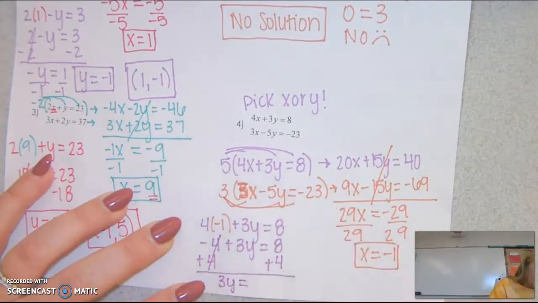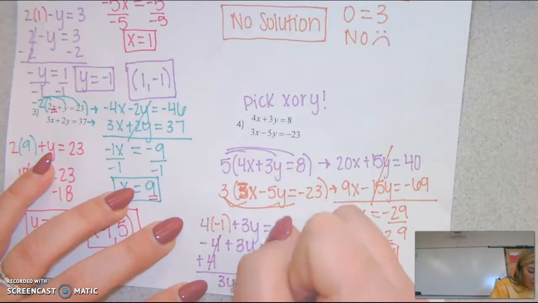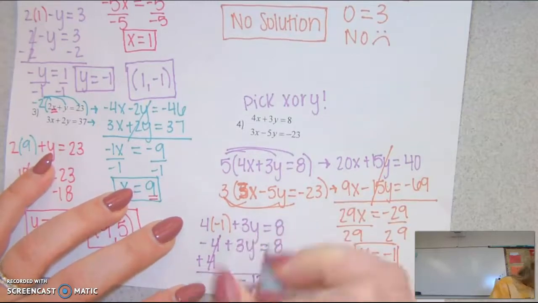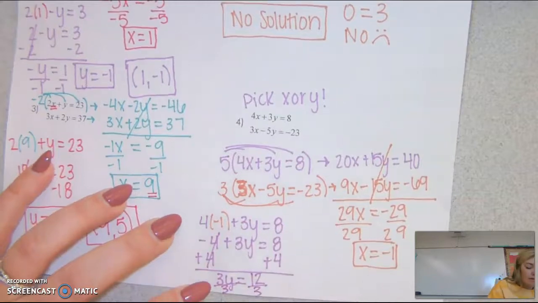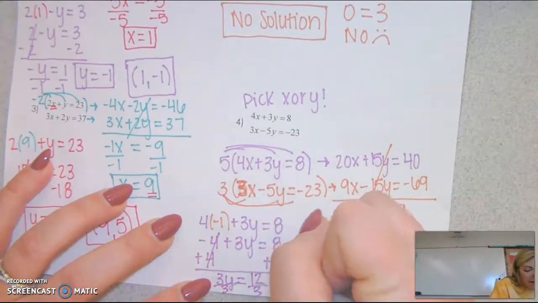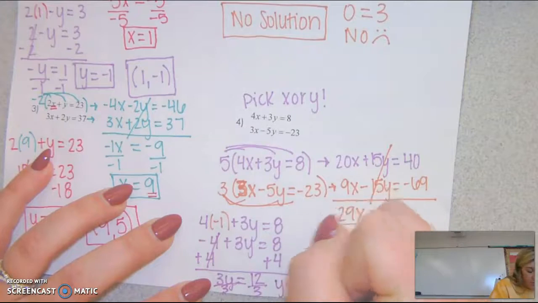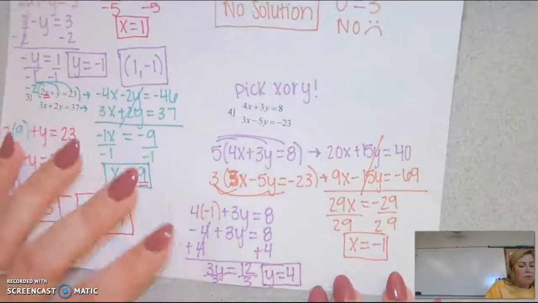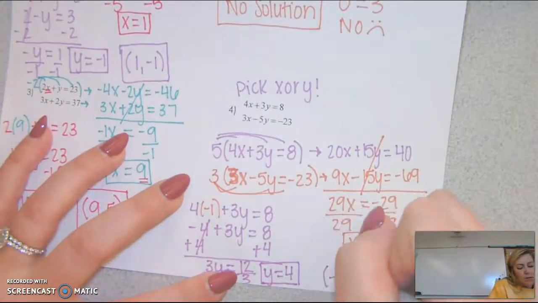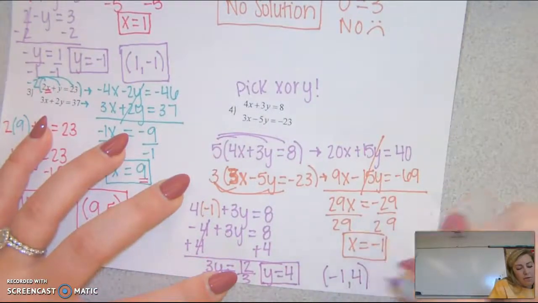Three y equals 8 plus 4 is 12. And then I'm running out of room here, but you divide both sides by 3. And then y equals 4. So my final answer as a coordinate point is negative 1, comma 4.